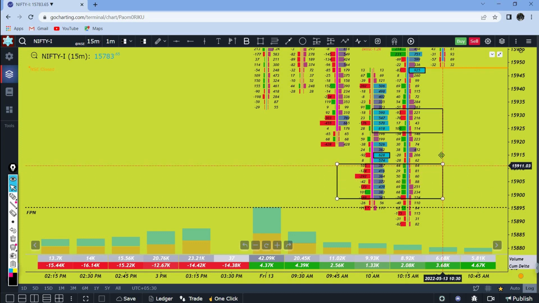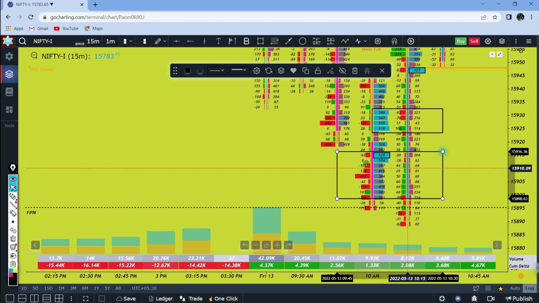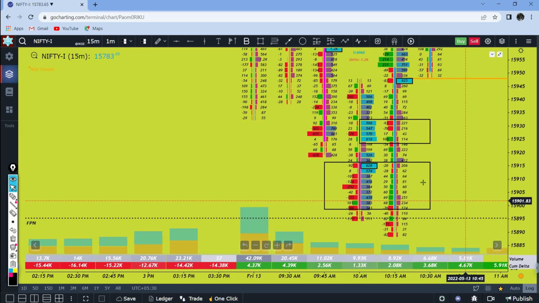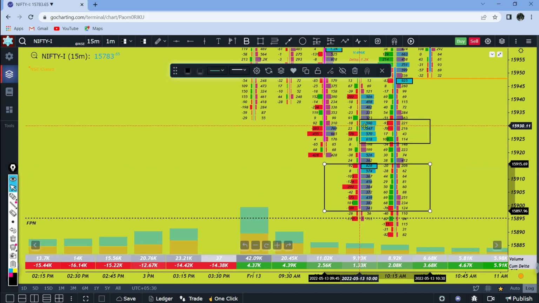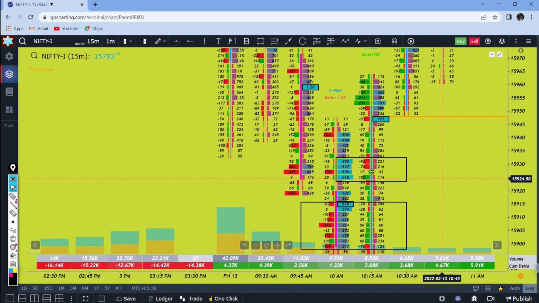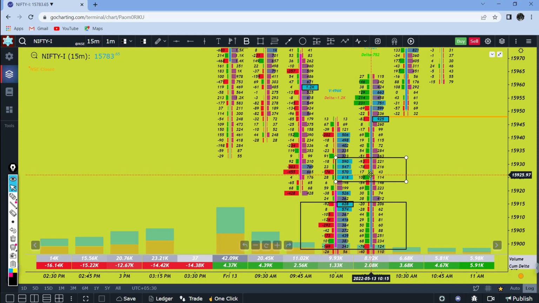So you see a lot of interaction, a lot of volume stuffed into this area, a lot of selling that happened. Obviously, you broke the low of the day with the selling that has happened, and immediately you see it's met with aggressive buying in this area in the next candle. And as we said, as soon as this area breaks, you have a valid long entry.